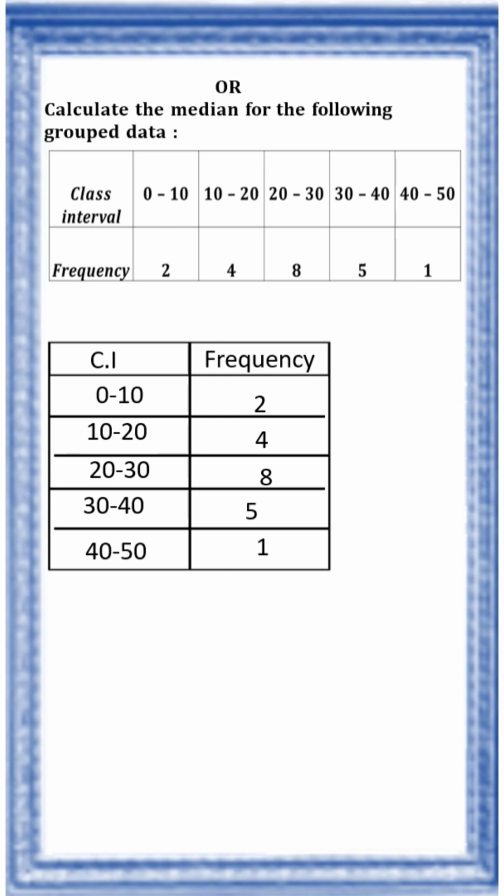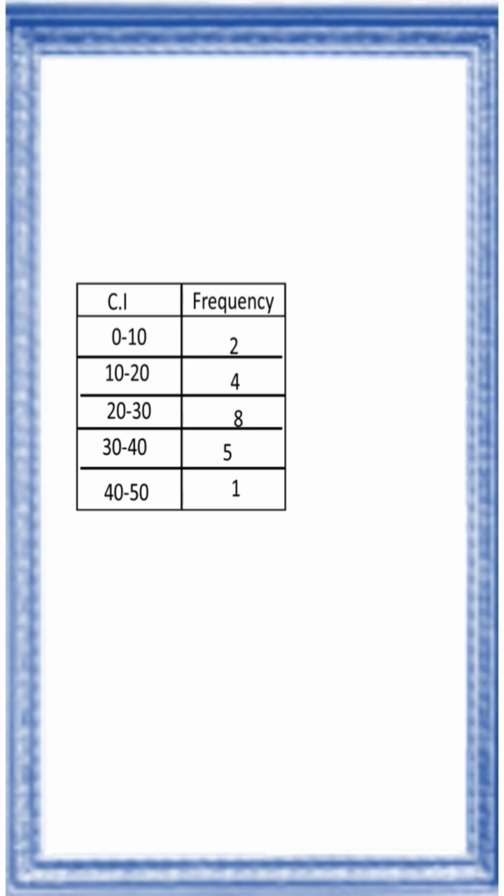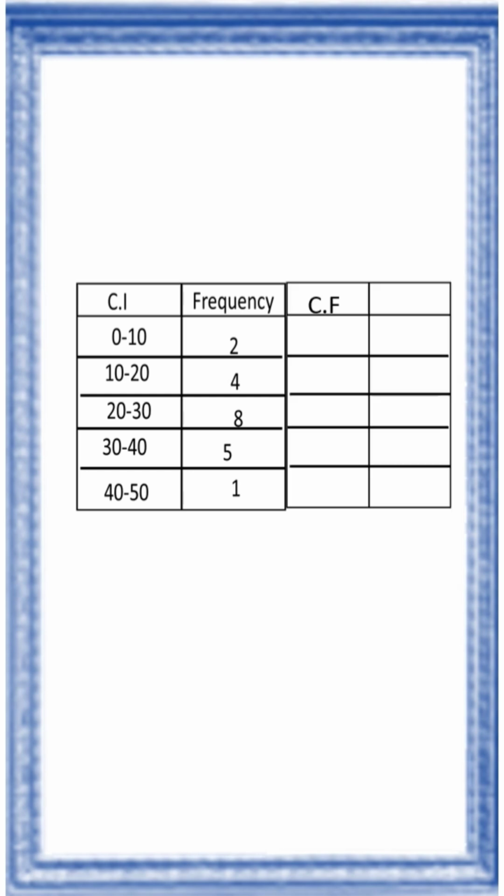Calculate median for the following grouped data. Now let us write the class interval in the first column and frequency in the next column. Now let us have cumulative frequency in the next. How can we calculate cumulative frequency?